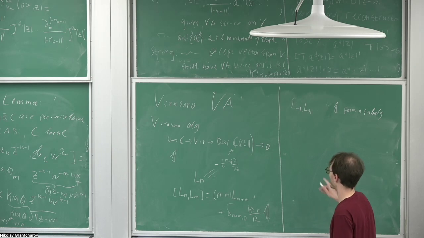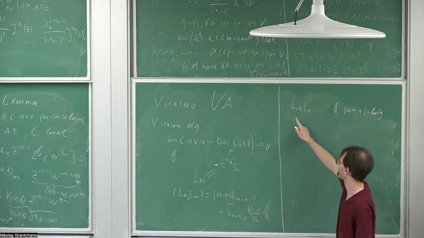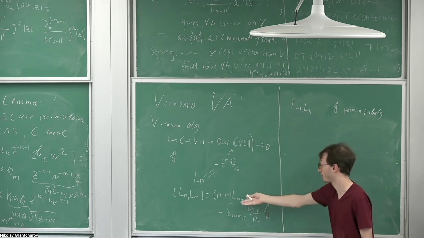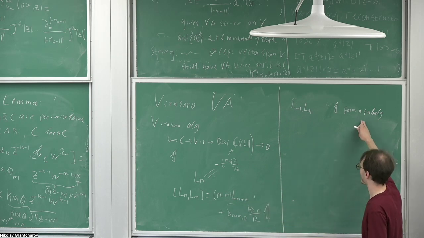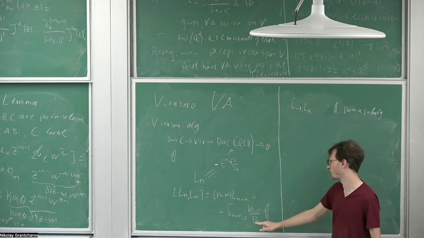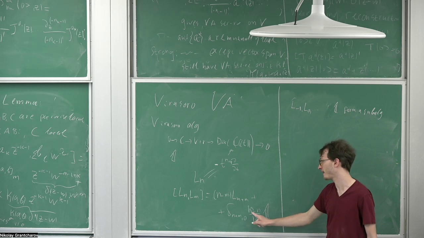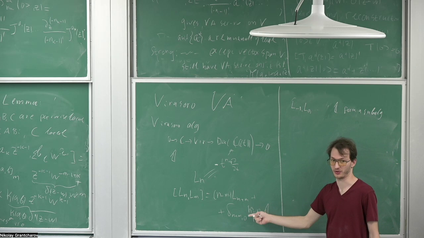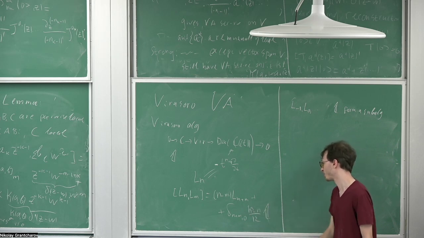The only way we can get negative L is if you have L-1, but it's zero. This is a subalgebra, and moreover, it's a direct sum of this and this, because any way to get nonzero here is to take n equal 0 or minus 1, and all of these options give 0 here.